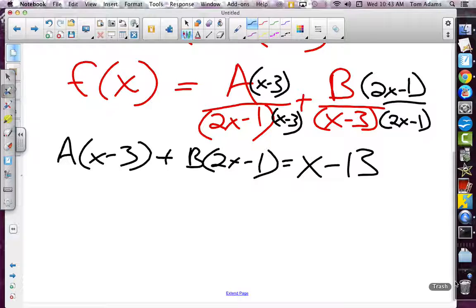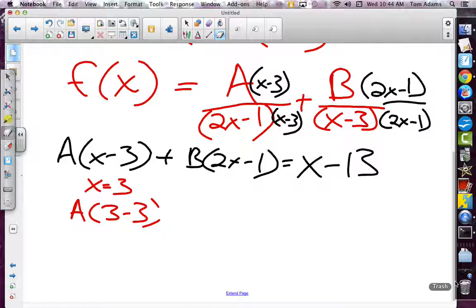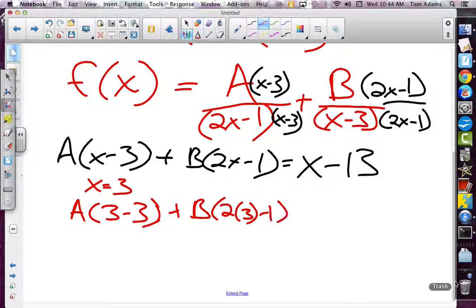What the textbook does is it says arbitrarily choose some value for x and plug it in and see what you get. Now, if I choose the right value for x, I can get rid of either the a or b. What I mean by that is if I let x equal 3, then I get a times 3 minus 3 plus b times 2 times 3 minus 1 is equal to 3 minus 13.